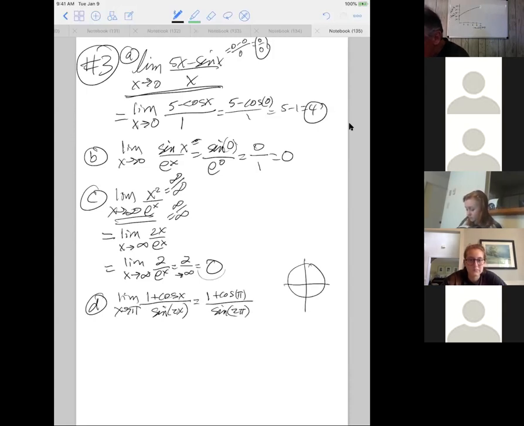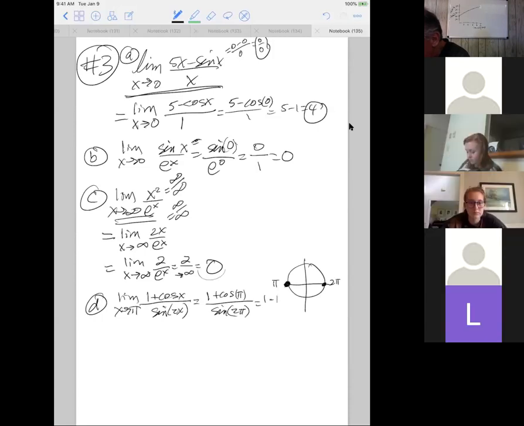Pi is here, 180 degrees is pi, and then 2 pi is back over here. Cos is the x value. X over here at pi is -1. So we get 1 minus 1. And at 2 pi, the sine is the y, that's 0. So we get 0 over 0.